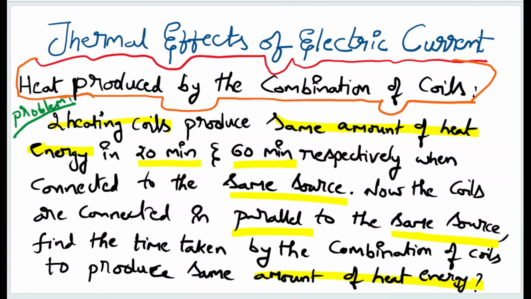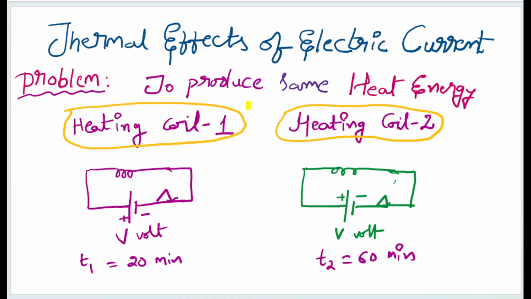In the solution part, to produce the same amount of heat energy, this is heating coil 1. Heating coil 1 is connected to an EMF of V volt, and to produce H1 amount of heat energy it has taken a time of 20 minutes.